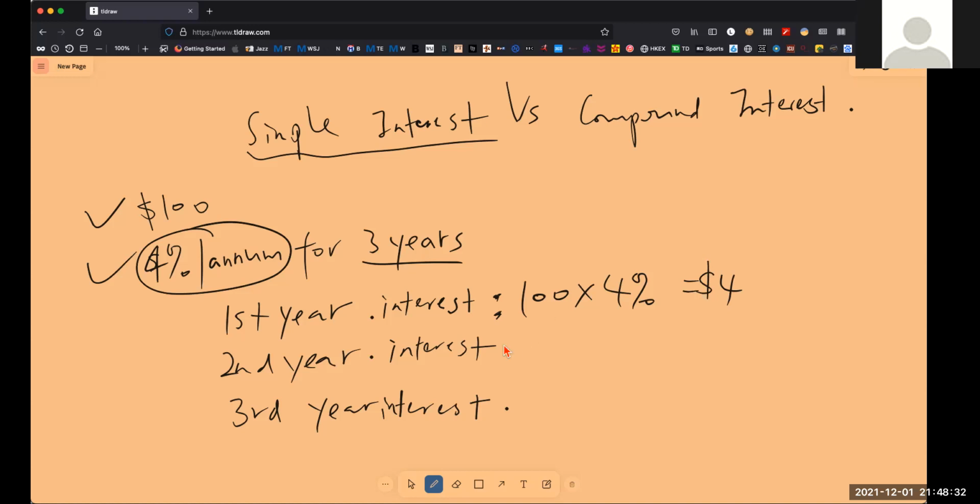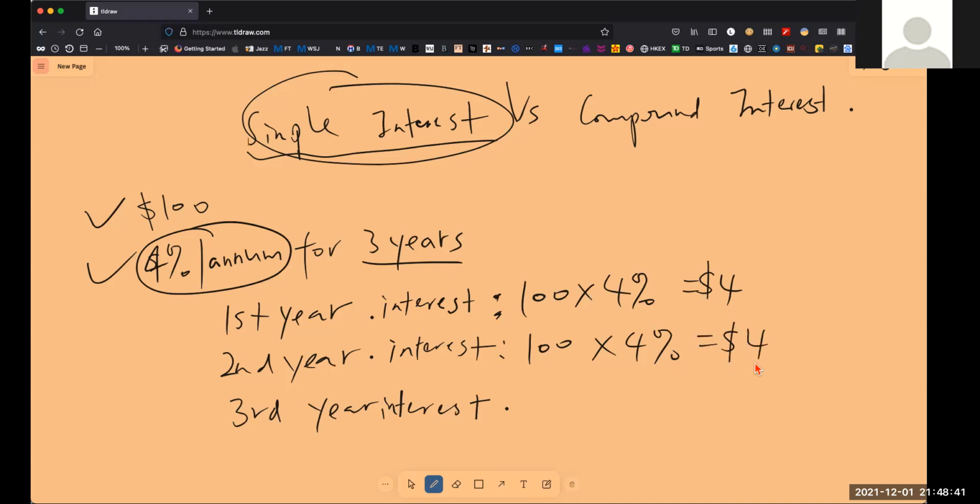Okay, good. Second year, because it's simple interest, you start with 100. So once again, 100 times 4%, another $4. So far, so good. So second year interest is also $4. Third year, because it's simple interest, same thing, $4.